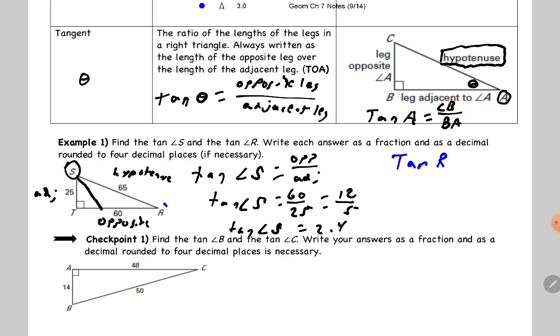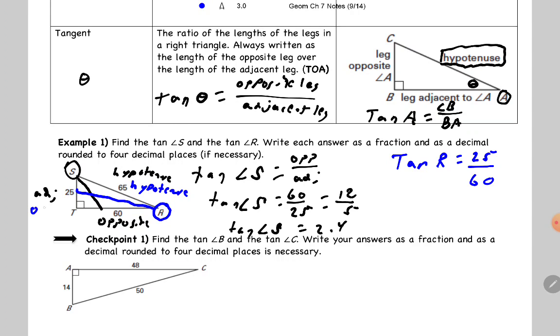Here's R. My hypotenuse is still the same, but my opposite and adjacent sides are going to be different, because R is located in the bottom right. So the opposite side is the 25, over what's the side next to R that's not the hypotenuse? That would be 60.